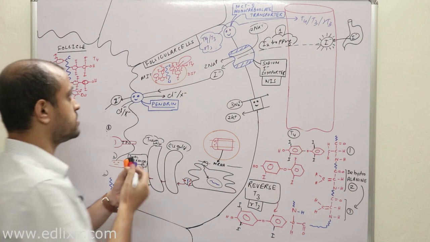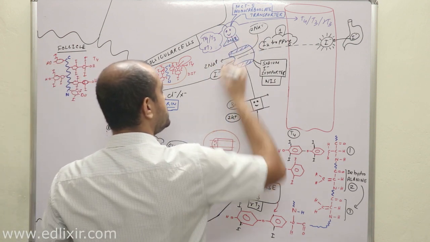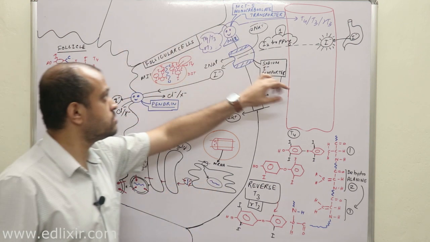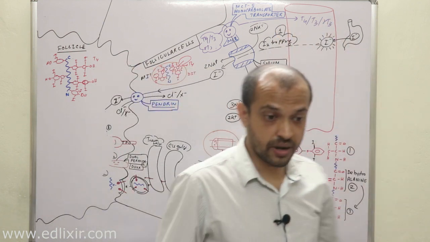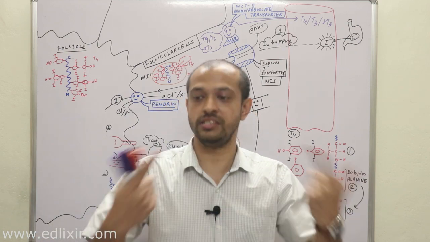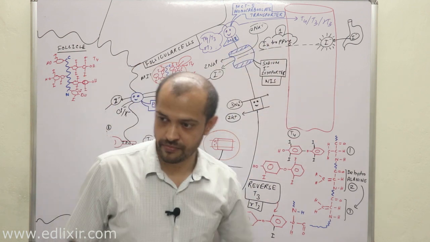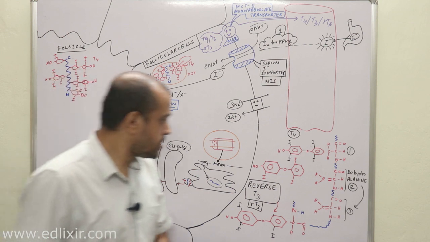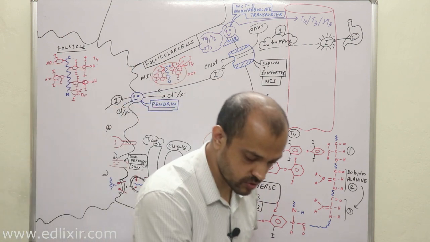So this is your MCT8 protein. Okay, clear? So this is the transfer of T3, T4 and RT3, but MIT and DIT will join together to form reverse T3 or T3. Then they can be transferred from the follicular cell to the blood vessel. Okay, clear? So this is the production and secretion of thyroid hormones.